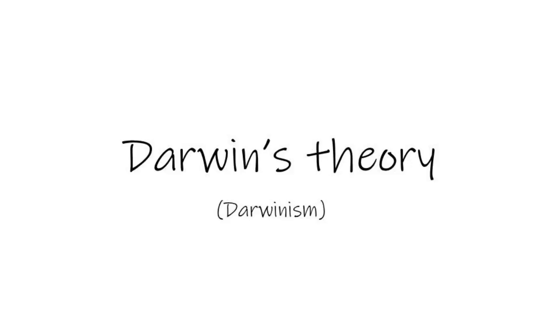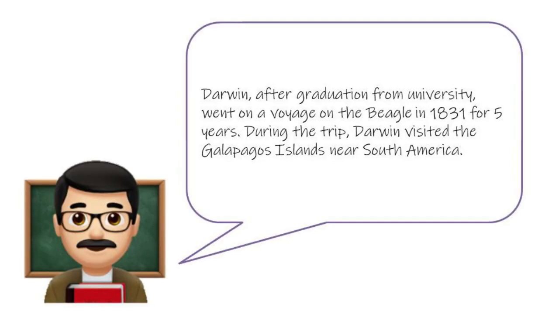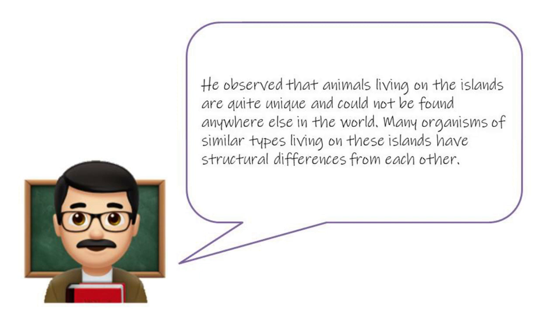Darwin, on the other hand, came up with a different theory. After graduating from university, Darwin went on a voyage on the Beagle in 1831 for 5 years. During the trip, Darwin visited the Galapagos Islands near South America. He observed that animals living on the islands are quite unique and could not be found anywhere else in the world.